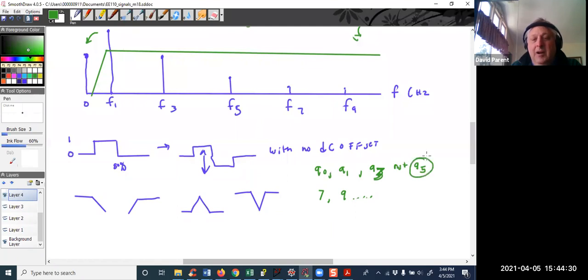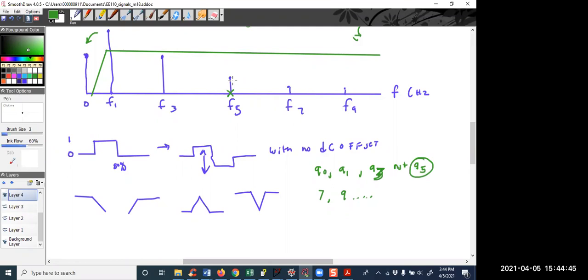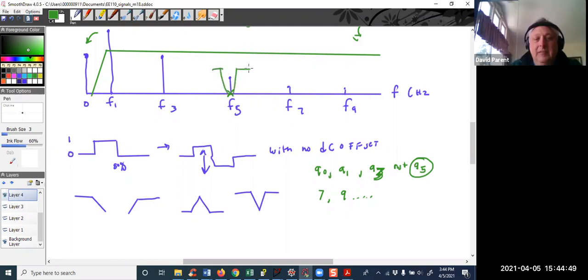The one I don't want is A5, which would be this guy. I just want to get rid of a particular frequency. Would we use the notch for that one? Yep, the notch, which I would draw like this. And if I wanted to get rid of 2 frequencies, I would just draw it bigger. Okay.